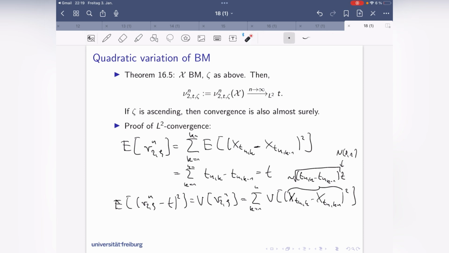So I'm taking the square of this thing here.